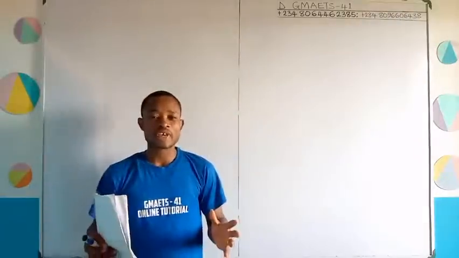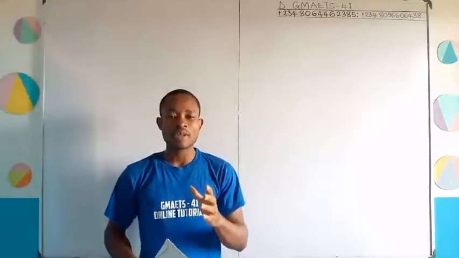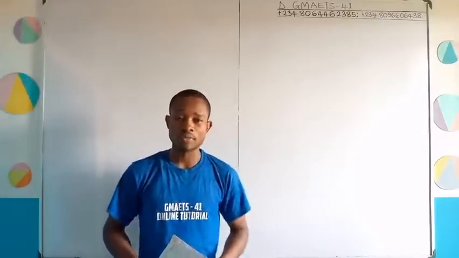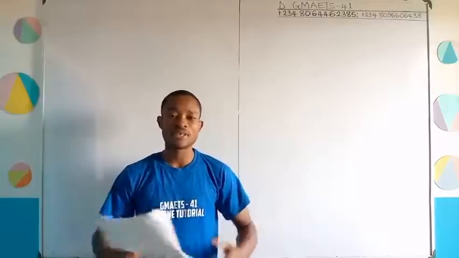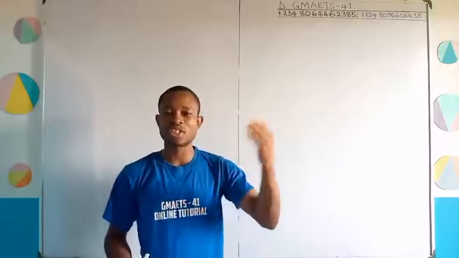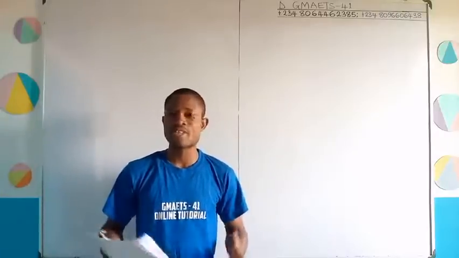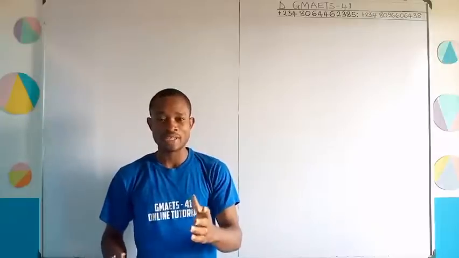In our previous practical physics class, I taught you how to carry out the experiment on the verification of Ohm's law. I explained how you can take your readings, because in that experiment we are required to measure the potential difference corresponding to the various resistance values as required in the instruction.